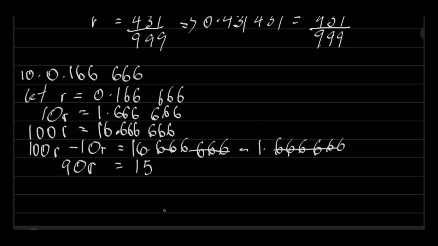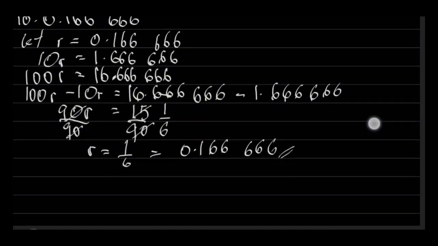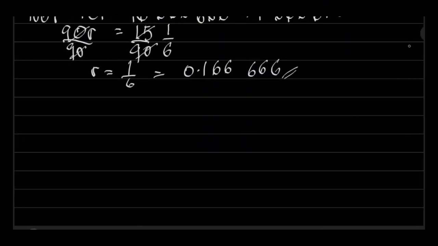All of this will cancel each other out, and then we'll be left with 16 minus 1, and that will give us 15. Now we'll divide both sides by 90. 90 cancels 90, and r will be equal to 15 over 90, which is 1 over 6, which is equal to 0.166666. So that is how we go about solving such a question.